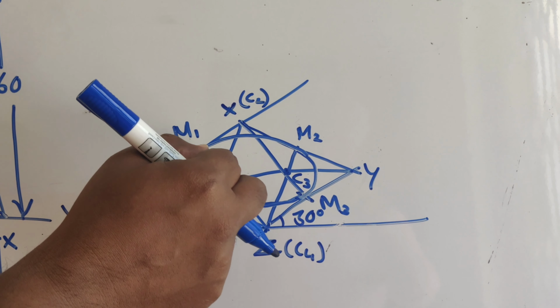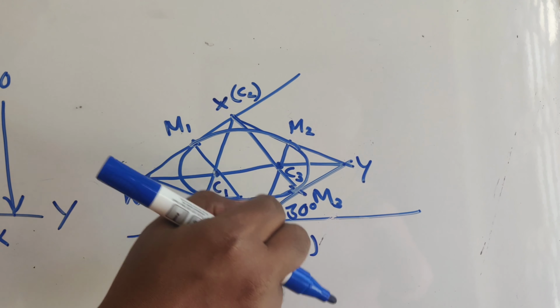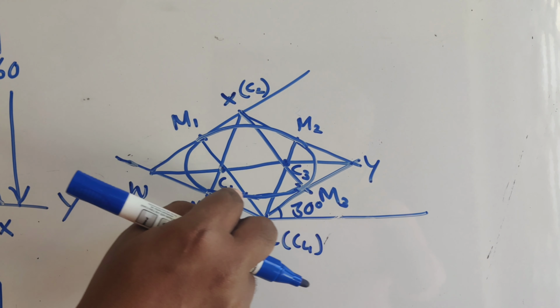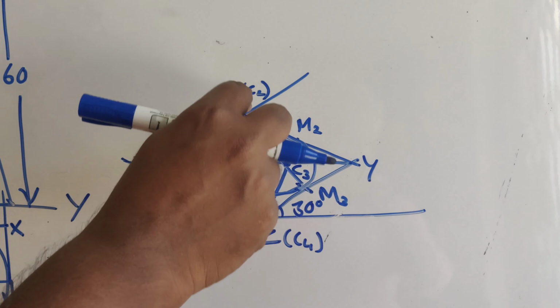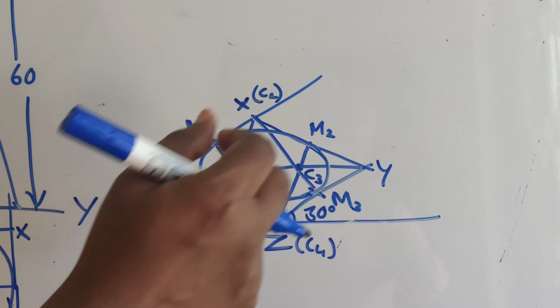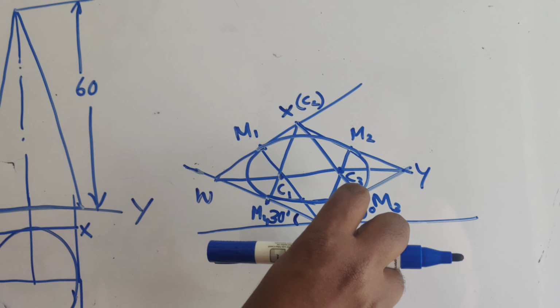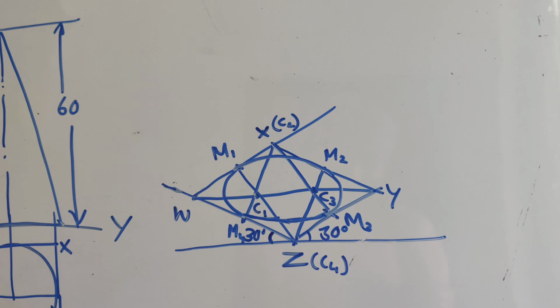Taking C1 as center, C1 M1 as radius, you have drawn an arc. C2 as center, C2 M3 as radius, the next arc. Then C3 as center and C3 M2 as radius, you have drawn the next arc. Then taking C4 as center and C4 M1 as radius, you have drawn the last arc.